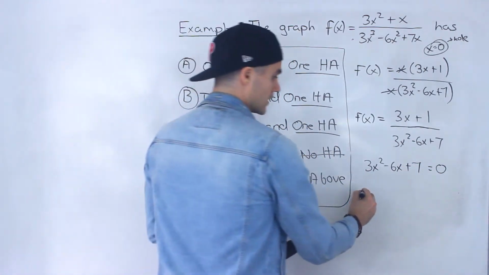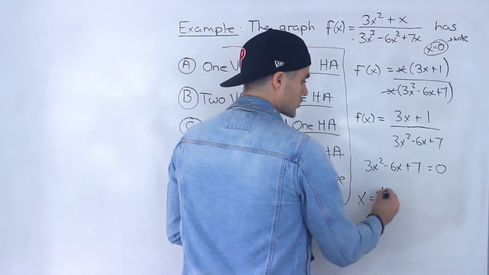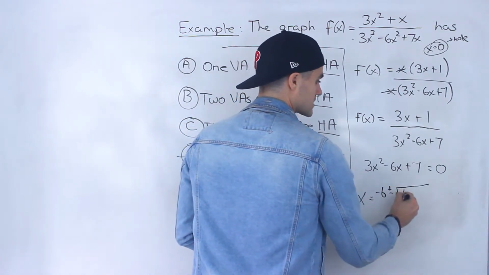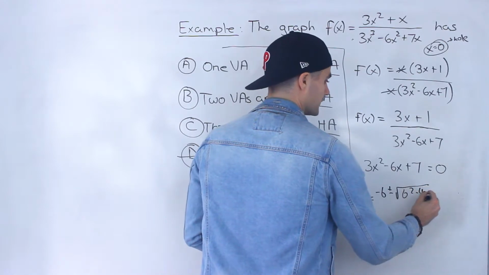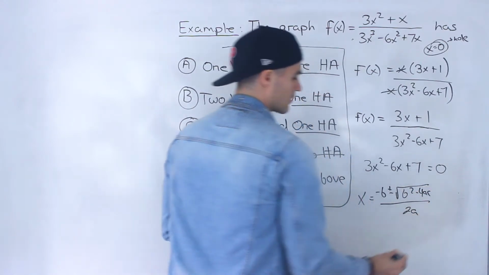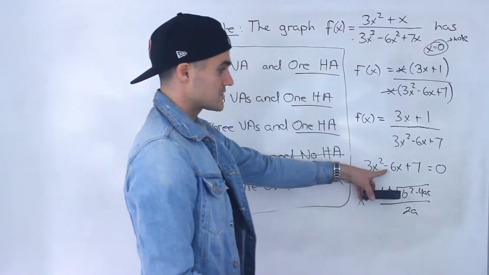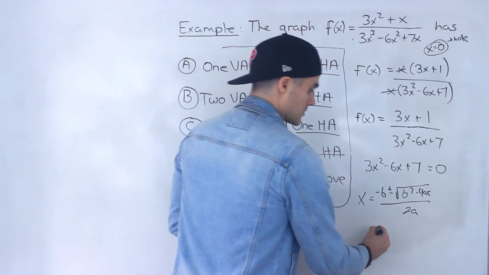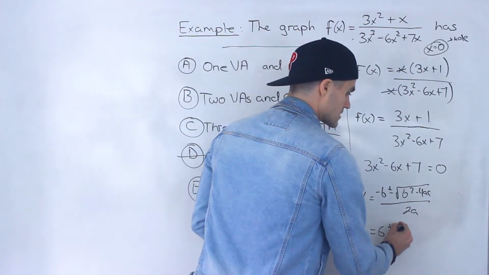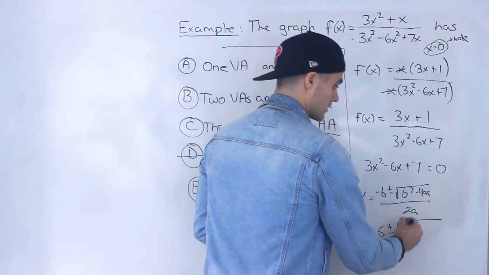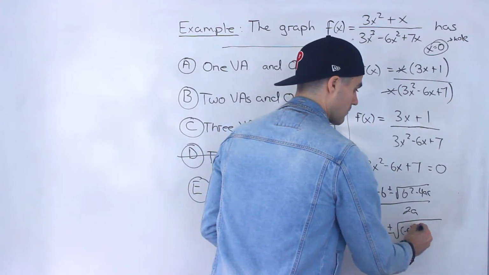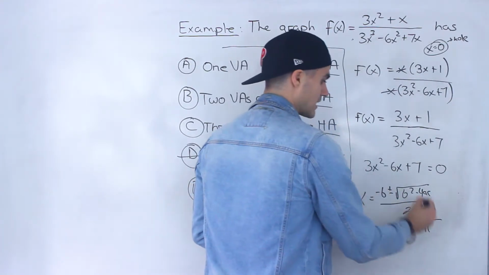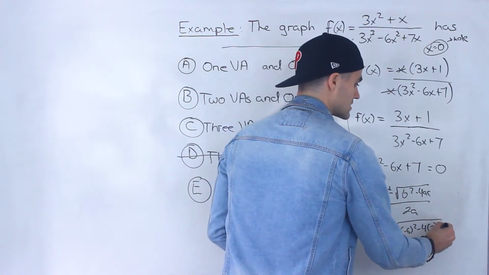Quadratic formula. So if we plug this into the quadratic formula, this is the quadratic formula over here. The b value is -6, so -6 is going to be +6, plus or minus b squared, which is going to be -6 squared, minus 4 times a, 3, times c, 7.